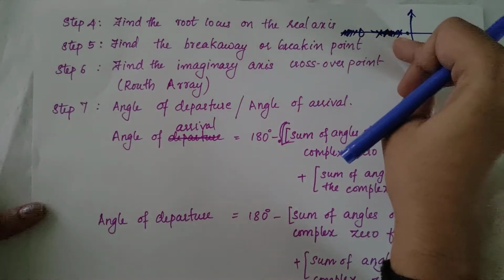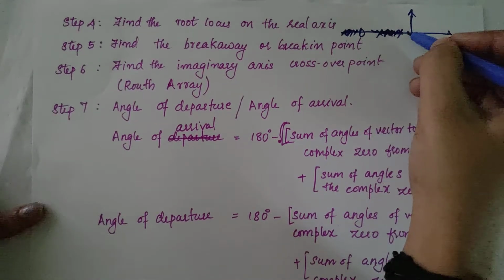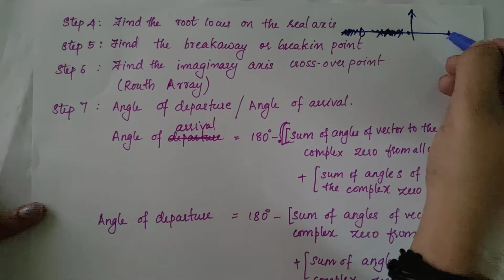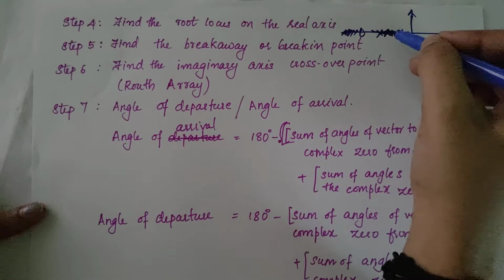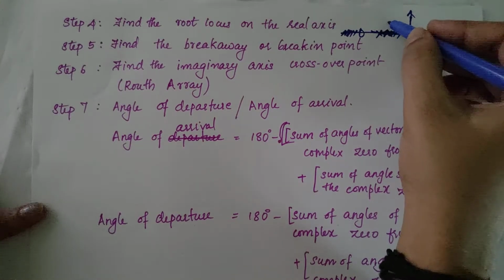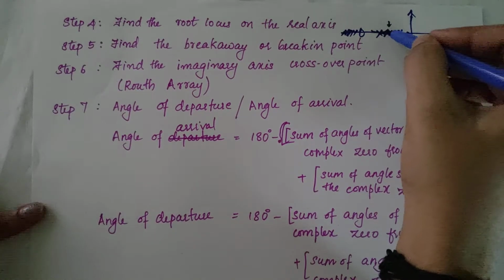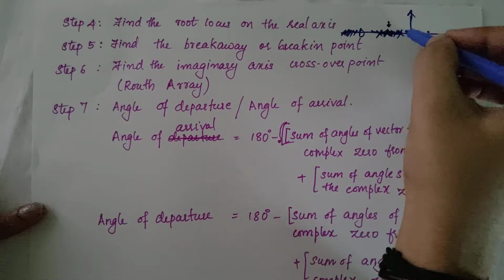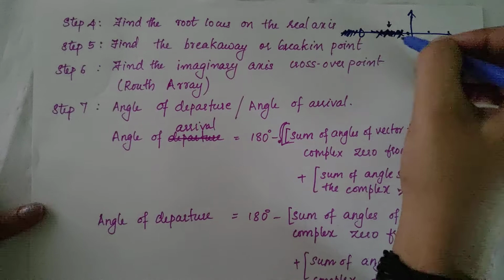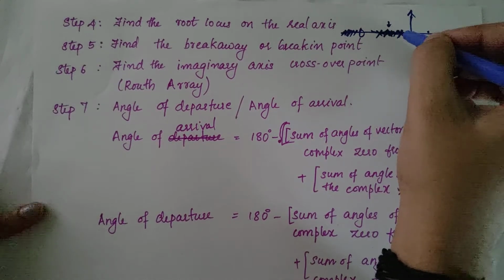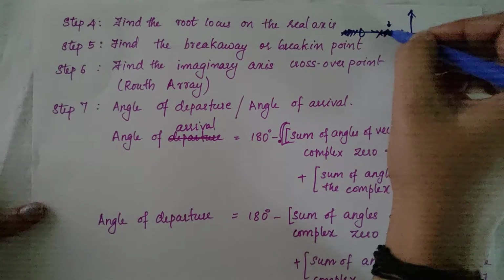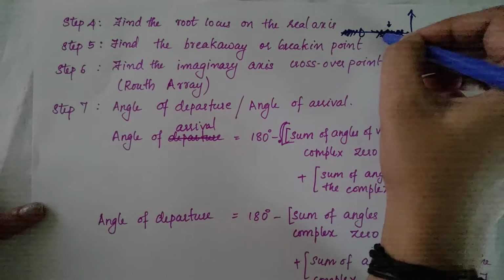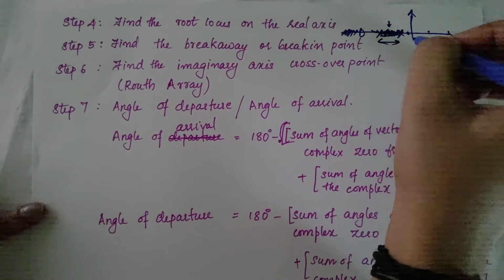So here we have taken this point, towards the right there are no zeros and poles. Then I have taken a point in this part. So here there is one pole. Okay, I have marked a pole here. So one pole, that is an odd number, so the root locus can lie in this region.